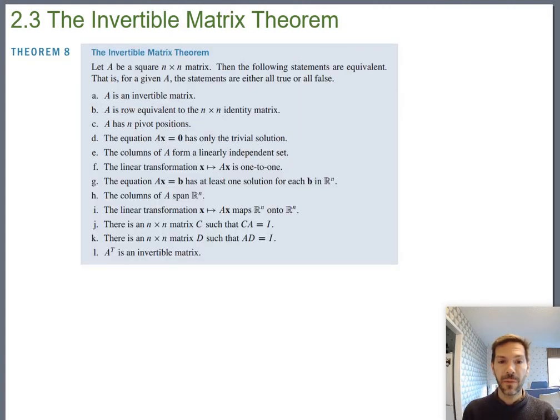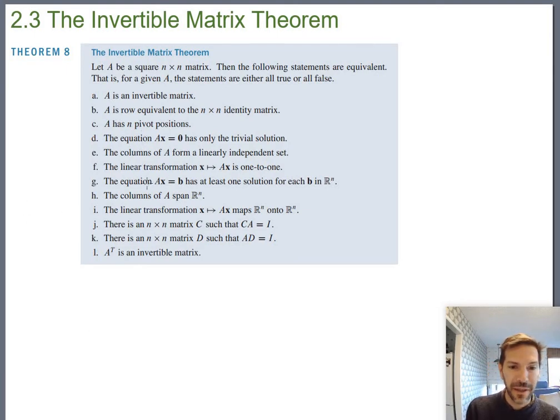But we do have some new ones, language that we didn't have back in Chapter 1. So for instance, if the columns span Rn, and you can always solve Ax equals b, that means A must be invertible, because that's one way to solve this equation.